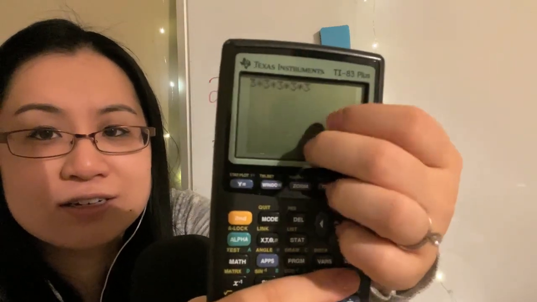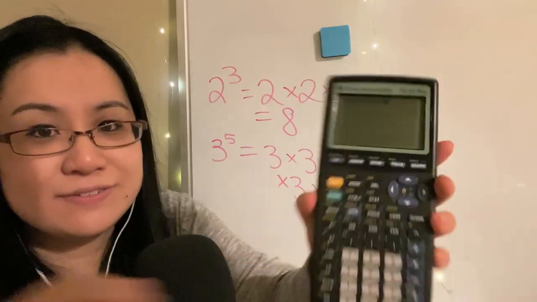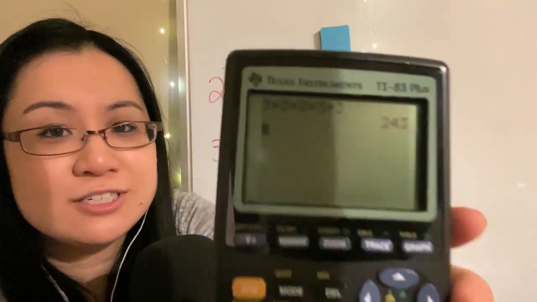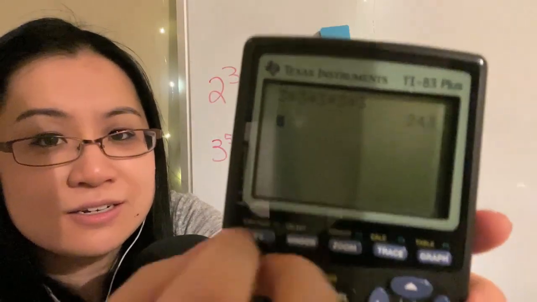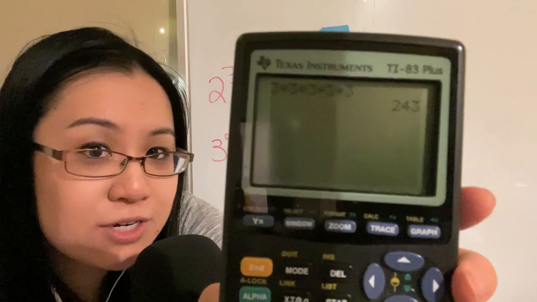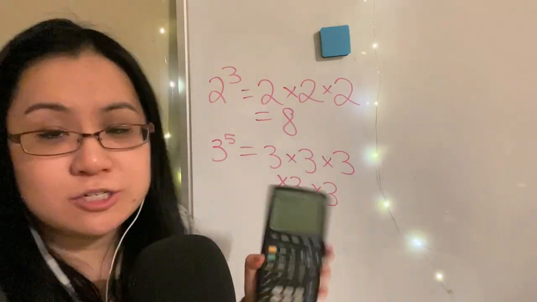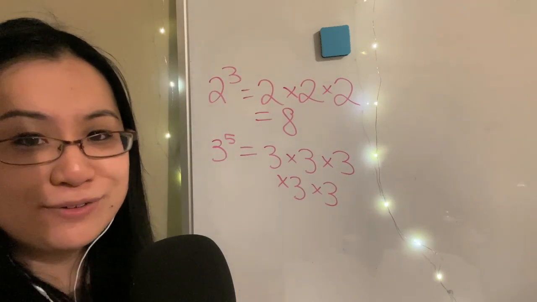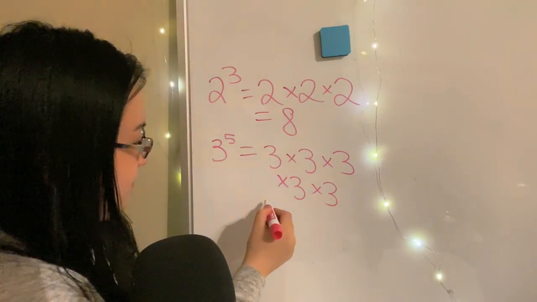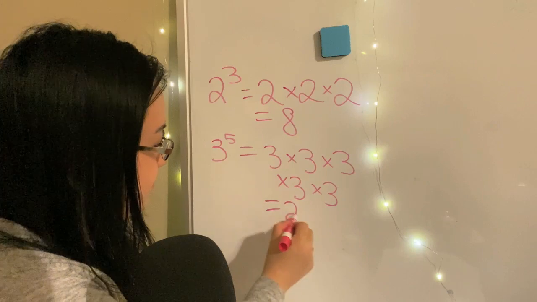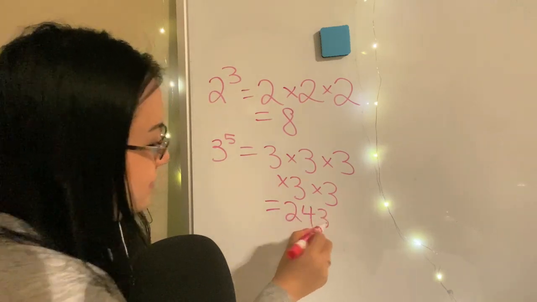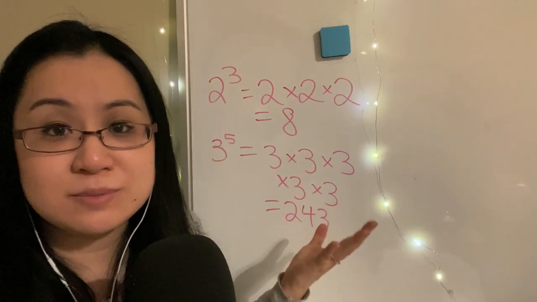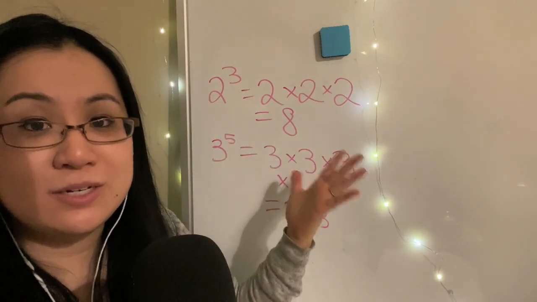Can you see that? 3 times itself 5 times gives me 243, which is going to be 81 times 3. So that is what we get for 3 to the 5th power. There you go. That's it. So our base number times itself the number of exponent times.